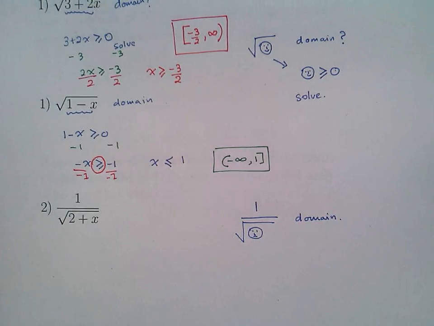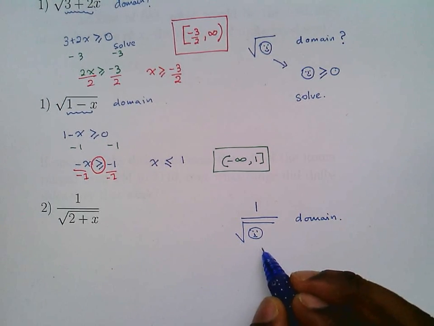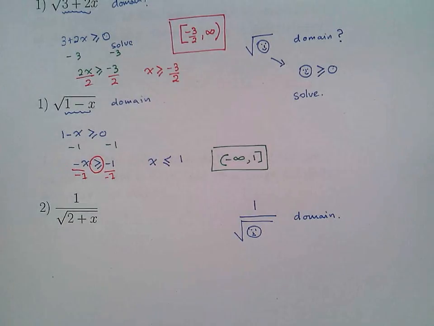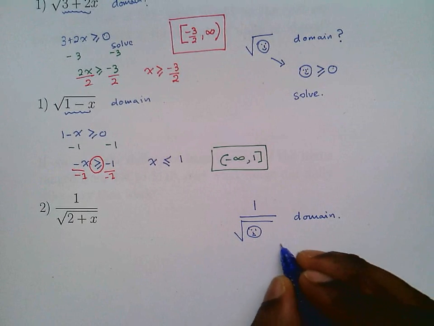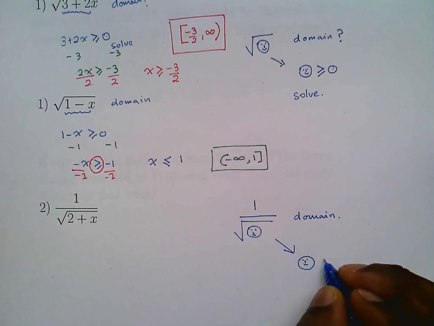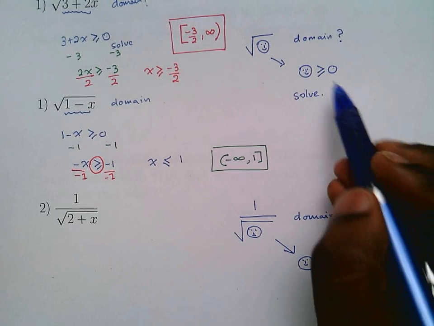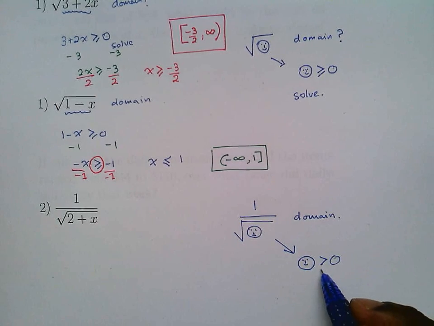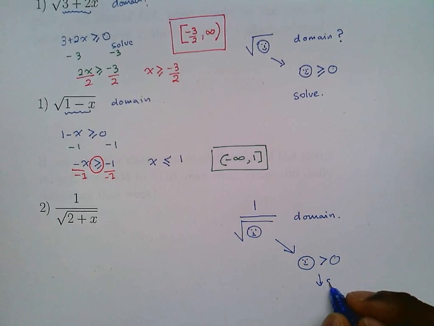Now in this case, the inside of the square root cannot be negative because negative square roots are not real. Also, it cannot be 0 because that would give you 1 over 0. Therefore, it cannot be a negative number or 0. So, the correct way to solve is make the inside greater than 0.